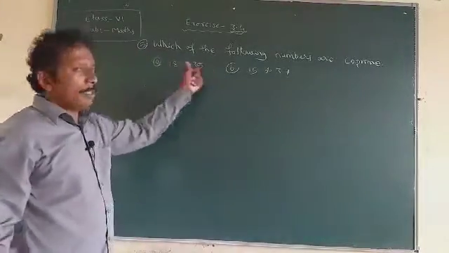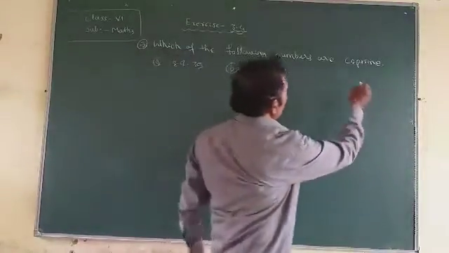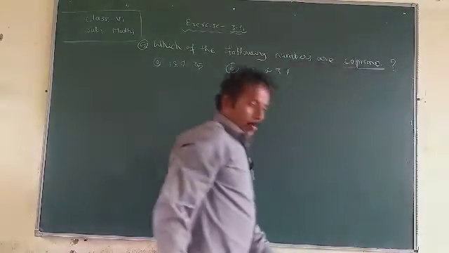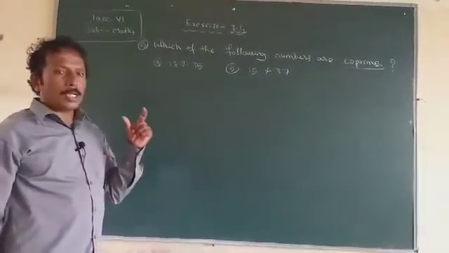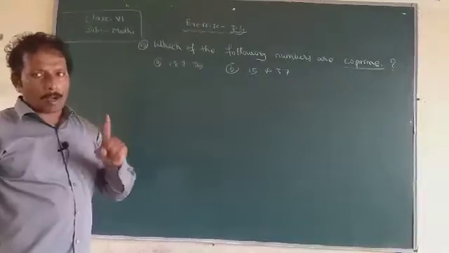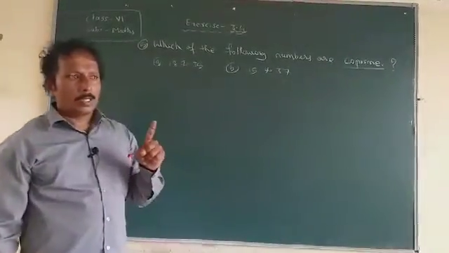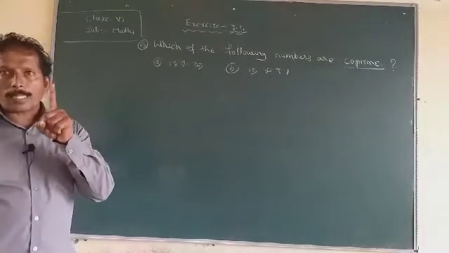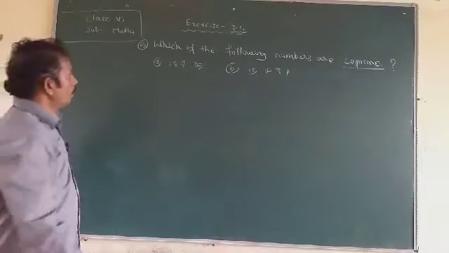Before solving this question, you should know the meaning of co-prime. Co-prime means the numbers which have 1 as their common factor. So, the two numbers which have only 1 as their common factor are called co-prime.